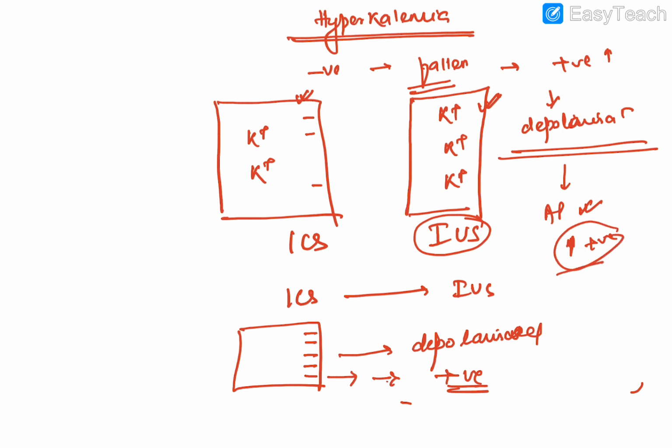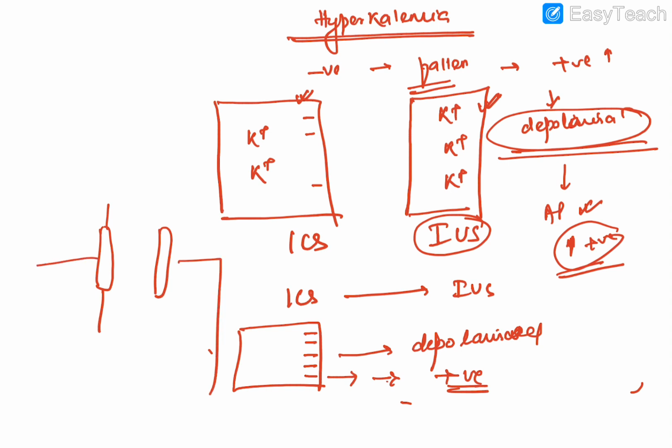But this is not so. Though there is a mild depolarization, what happens because of this mild depolarization is that the inactivation gate. See, this is a sodium channel inside the cell. The sodium channel has two gates, activation gate and inactivation gate. When both of these are open, there is influx of sodium inside the cell, which causes action potential.